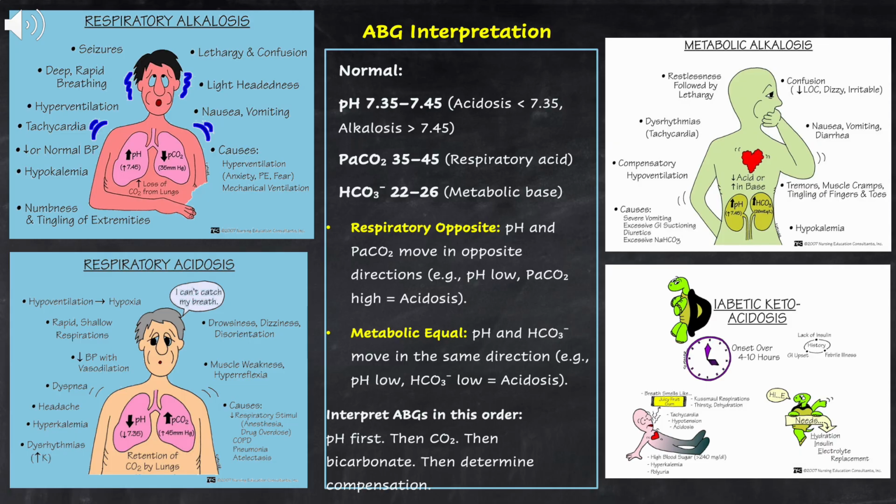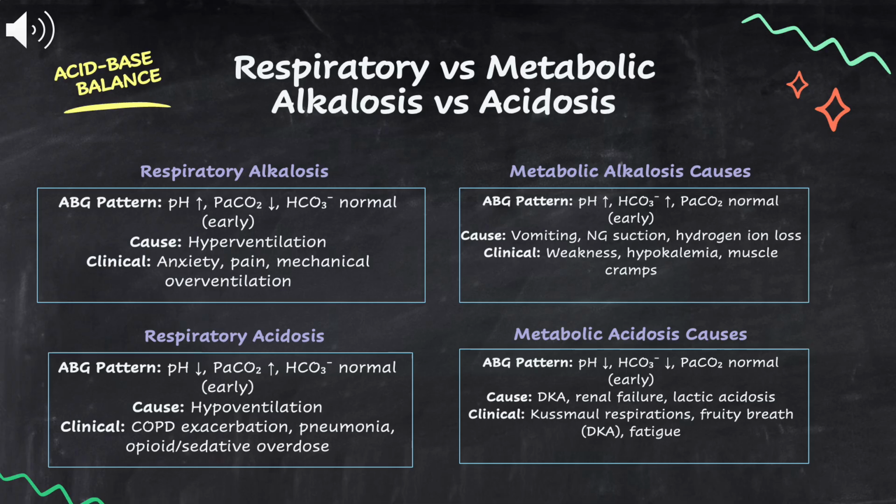Now let's clearly compare respiratory and metabolic disorders. First, respiratory alkalosis. The ABG pattern shows high pH and low PaCO2, with bicarbonate normal early on. The cause is hyperventilation. Clinically, this may occur with anxiety, pain, or mechanical overventilation.